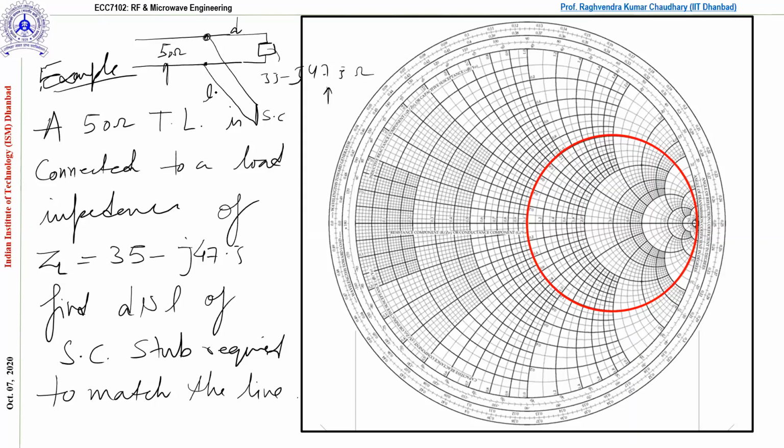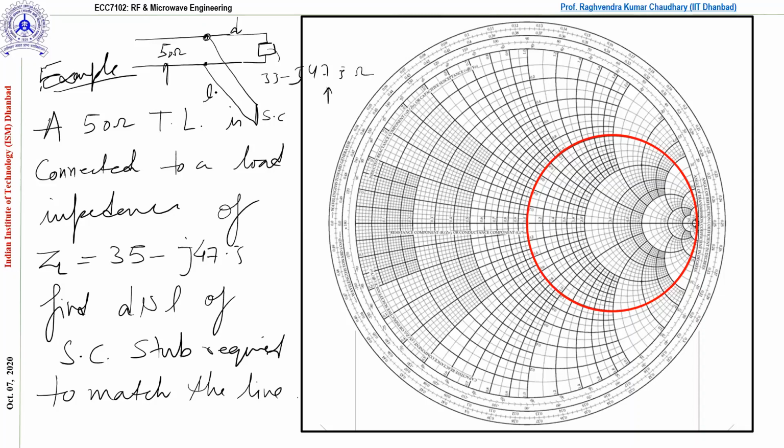Now we have seen a very important thing, which is the solutions, what I told you. For matching, it is needed that YB plus YS should be 1. And for this we have seen the solutions: YB bar is 1 plus jBB and YS is minus jBB.